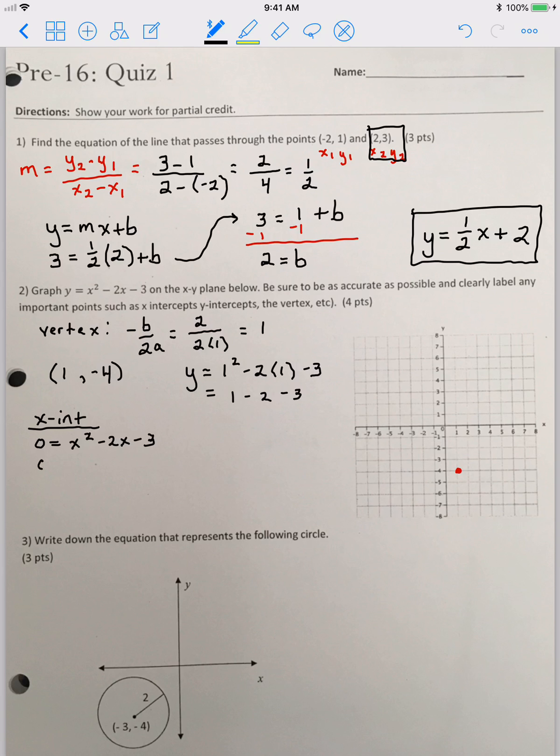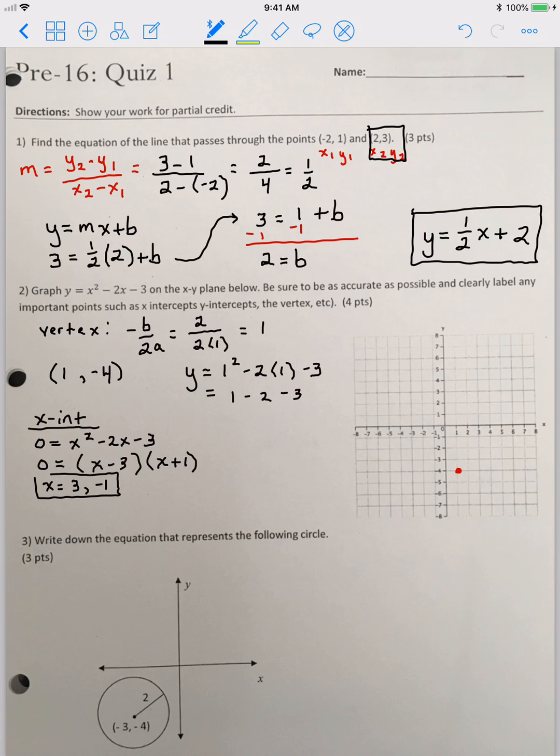You can factor that as x minus 3 times x plus 1, because two numbers that would multiply to give you -3 would be -3 and +1, and they'd also add up to the -2 that we need from the middle. -3 plus 1 is -2. So our x-intercepts are going to be x equals +3 and x equals -1.